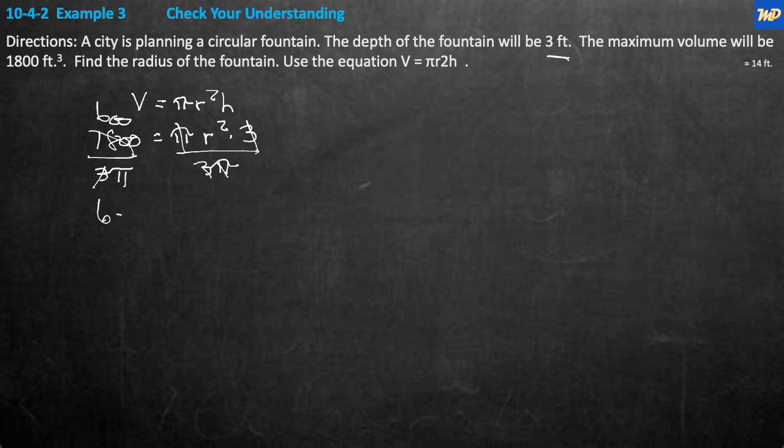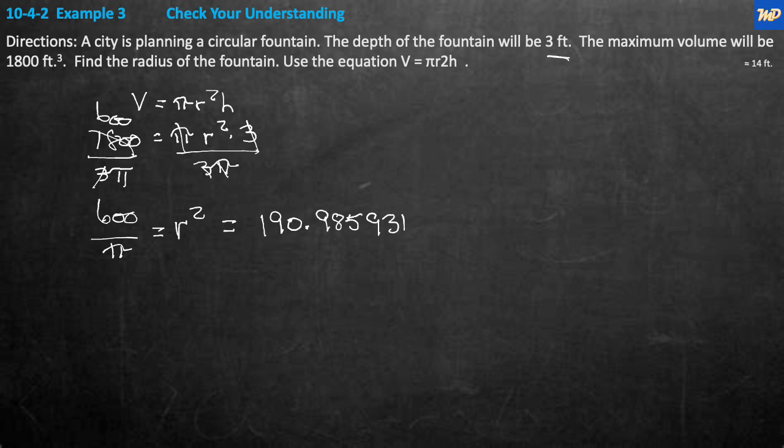So now we have 600 divided by pi is equal to r squared. And if I take it this way, 600 divided by pi comes out to 190.985931. That's far enough. Now we have r squared is equal to 190.98.